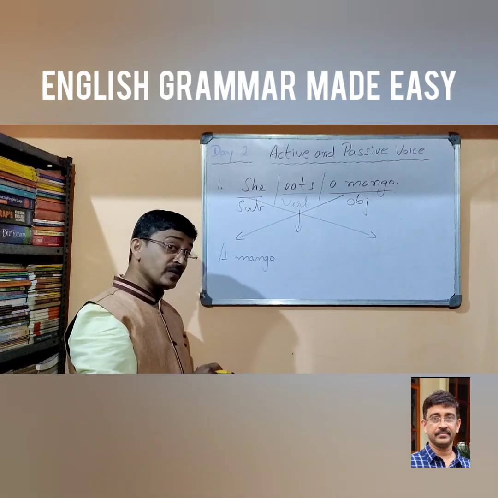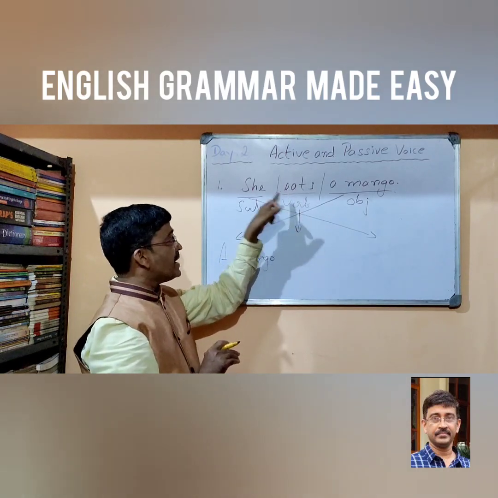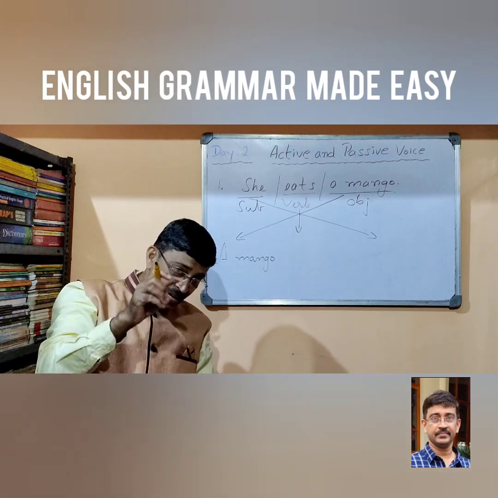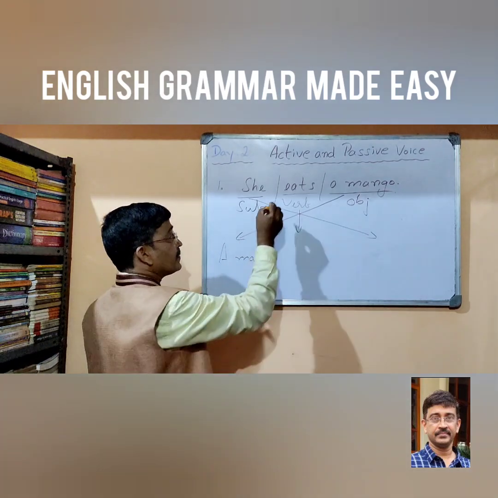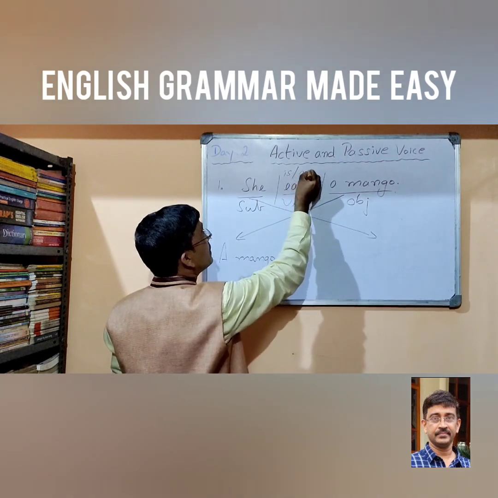Which helping verb are you going to take? Now look at the main verb. The main verb, it is in present form. If the main verb is in present form, above it you will write is, am, are.